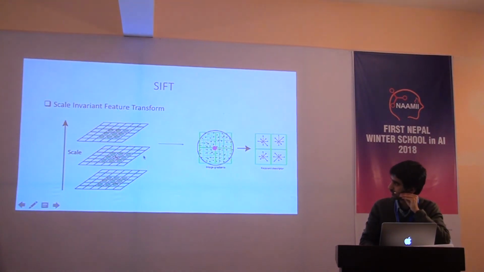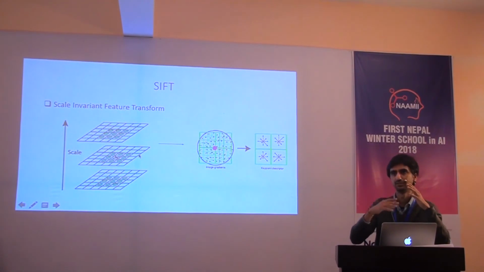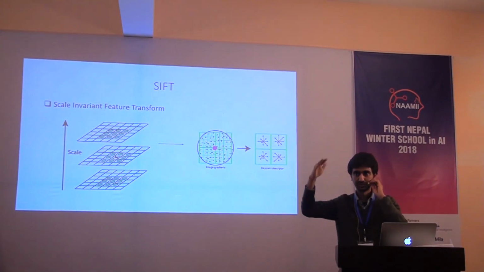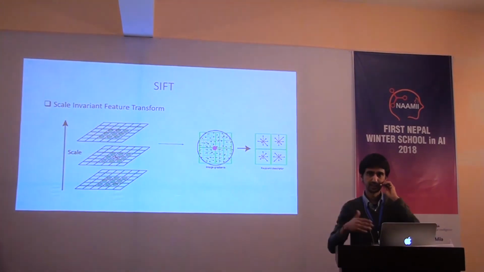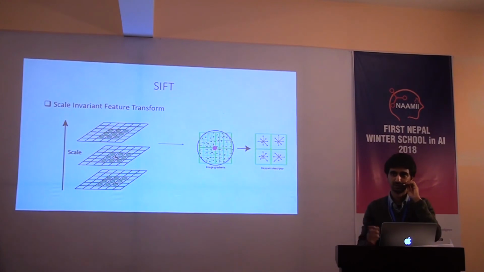Then you go through extraction of features. So first you identify the points which are descriptive by doing this difference of Gaussians, and then you go through extraction of the features on those points.